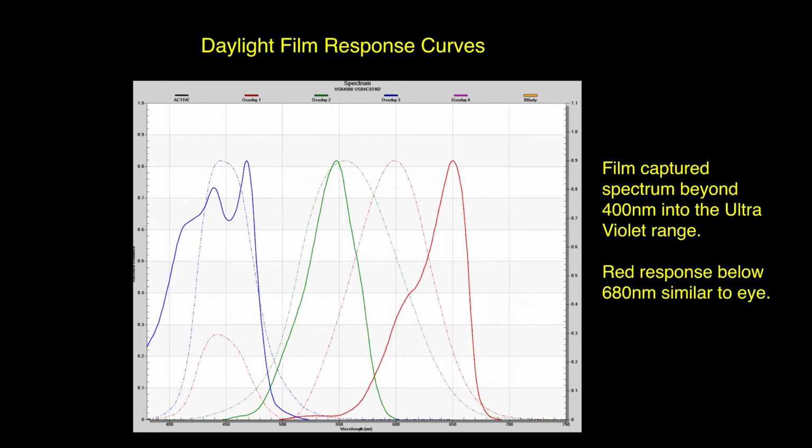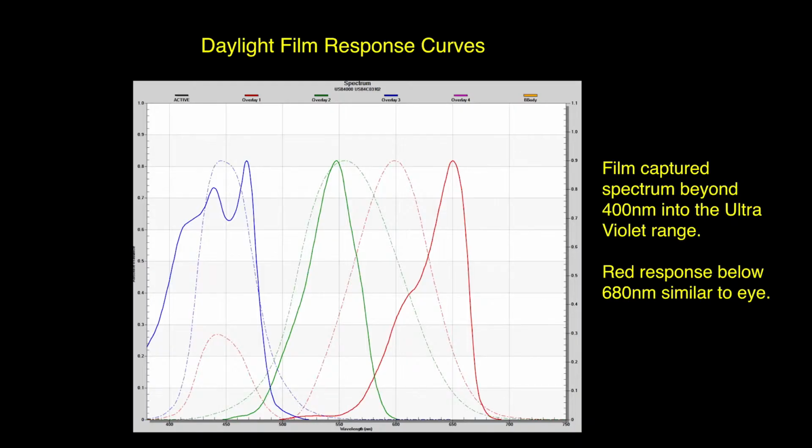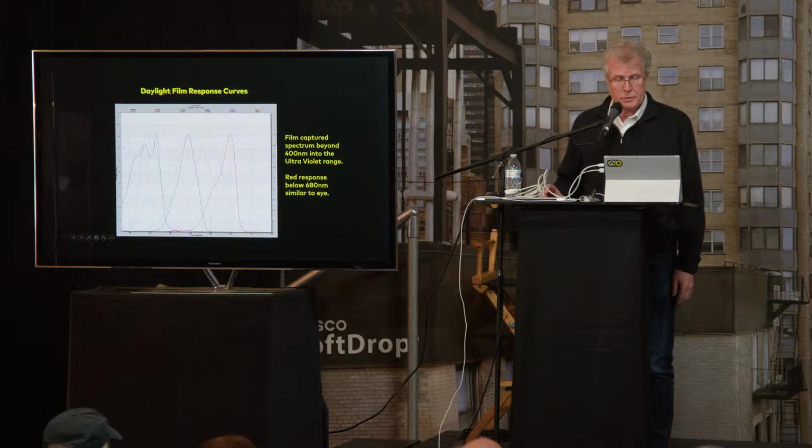We see very dramatically here, the blue response goes into the UV, which is the reason we had sky filters and UV filters on our cameras to try to take down that sensitivity into the UV. We also notice how the red response shifted to the right. This arrangement of color sensitivity also accounts for why on film there were certain colors that just did not reproduce.